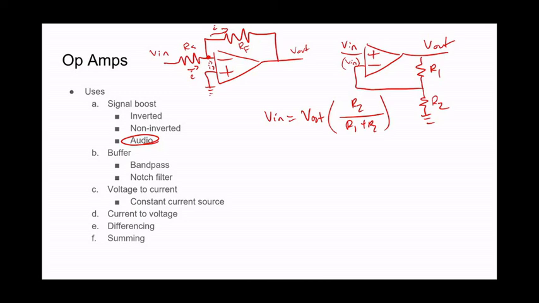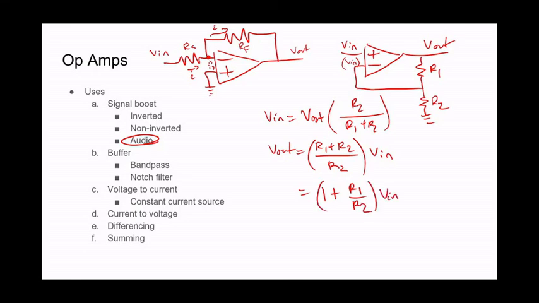Now this would be useful except for the fact that we want to know Vout in terms of Vn and not the other way around. So we'll simply move that over to the other side and divide, and we're left with R1 plus R2 over R2 times Vn. This could be further simplified to simply be 1 plus R1 over R2 quantity times Vn. And this gives us the gain of a non-inverting amplifier.